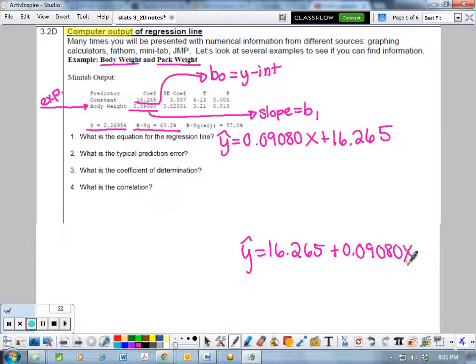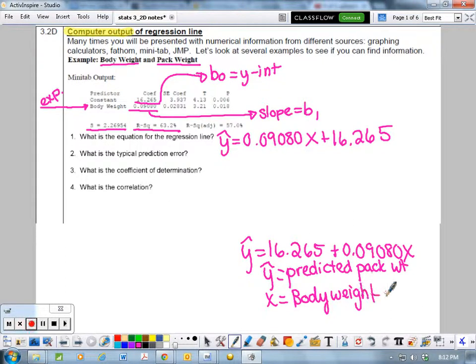And then typically you'd say y hat is predicted pack weight, because you're always labeling these in context. And x is our body weight. So this is what really should be up there.